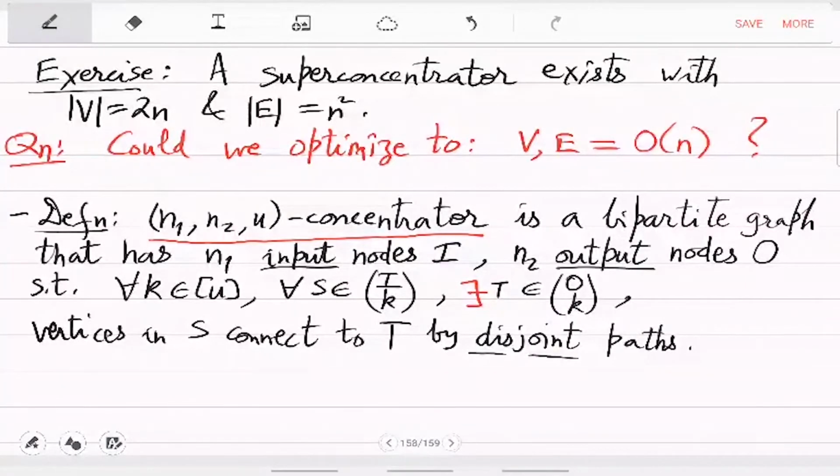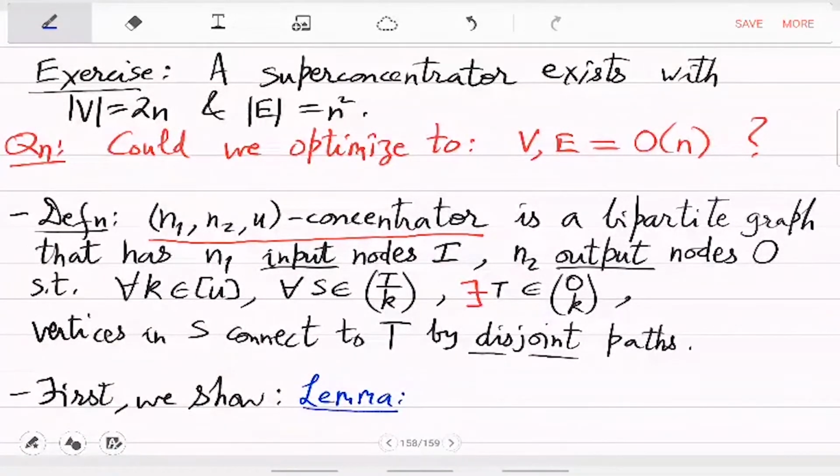We will first construct this. First we show this lemma, that concentrators do exist with very few edges and vertices.